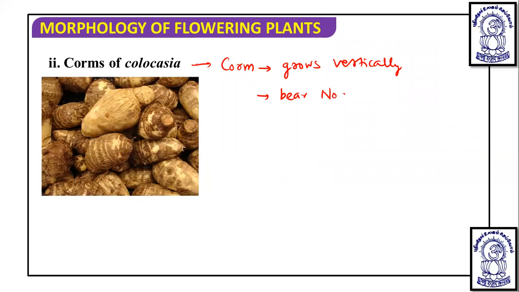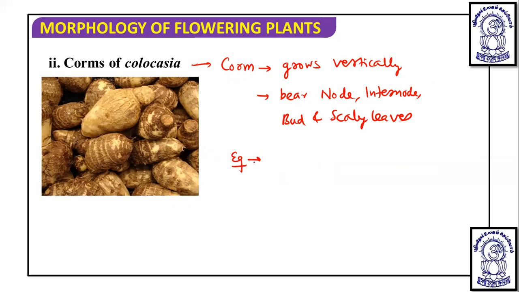It bears nodes, internodes, buds, and scaly leaves, and also plays a role in vegetative propagation. Then it is known as a corm.